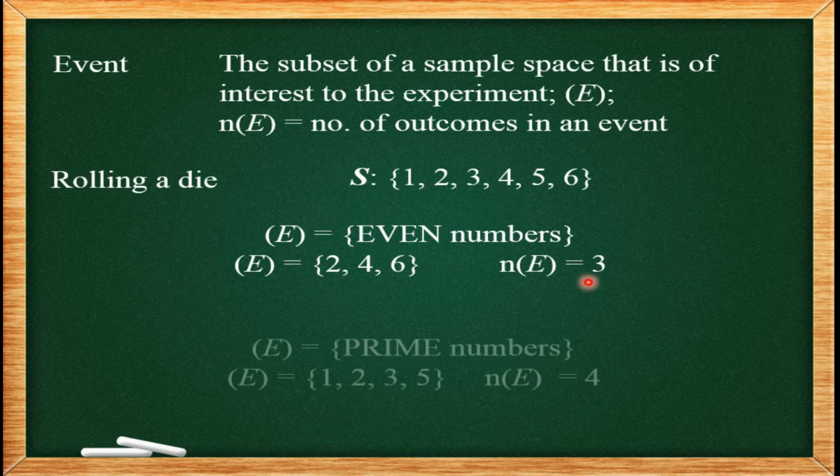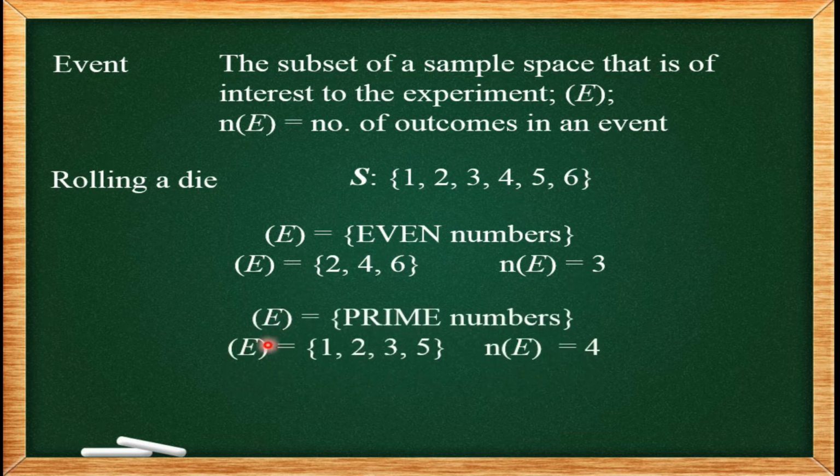Another example, the event of the occurrence of prime numbers, still in the same experiment, rolling a die. So the event would have possible outcomes of 1, 2, 3, 5, as these are the prime numbers in that sample space.